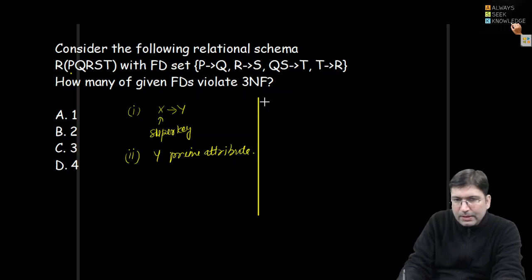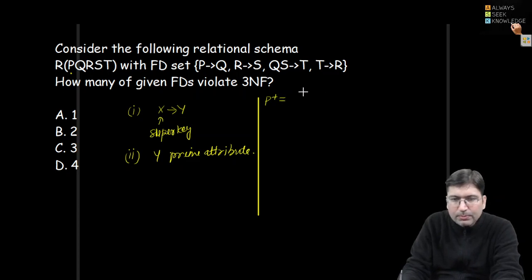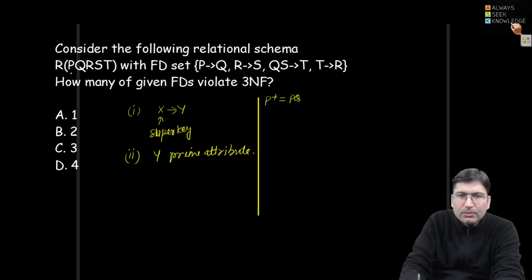So let's consider whether P can be the key. If you find the closure of P, it will give you PQ and nothing else. So P cannot be the key.